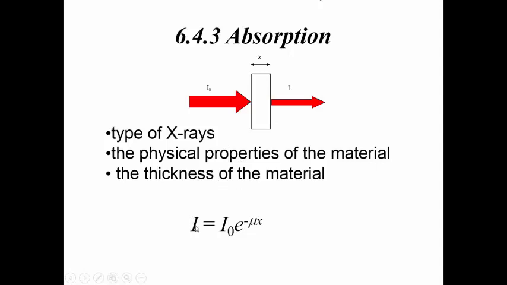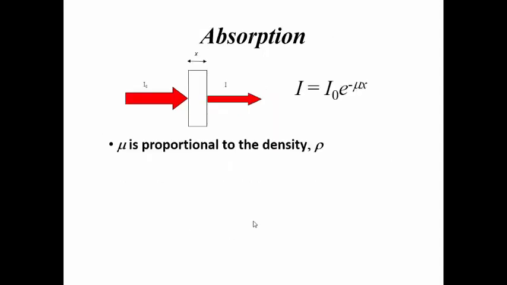The I coming out is equal to the initial intensity going in times e to the minus mu x, where x is the distance, and mu is the linear absorption coefficient, which is proportional to the density of the material. Therefore, you can divide mu by rho, the density, and you get a constant.